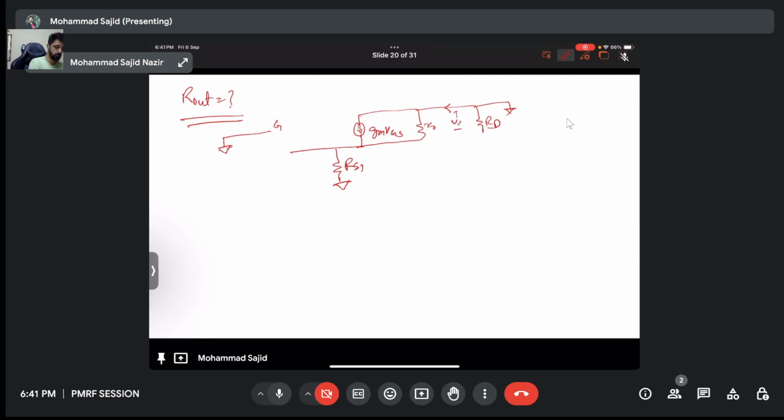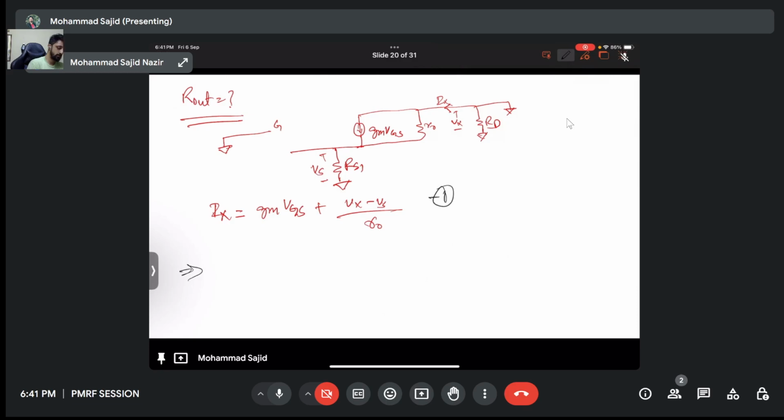Let's assume a source Vx and current of Ix. So basically now Ix is equivalent to Gm Vgs plus Vx minus Vs by R naught, this being at a potential of Vs.